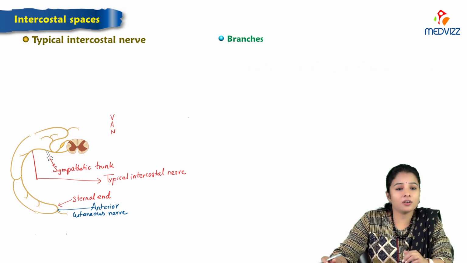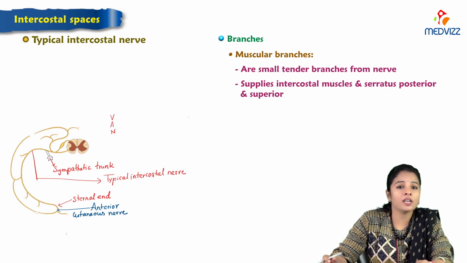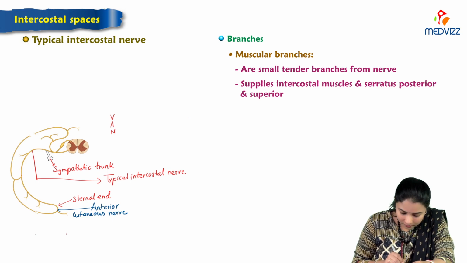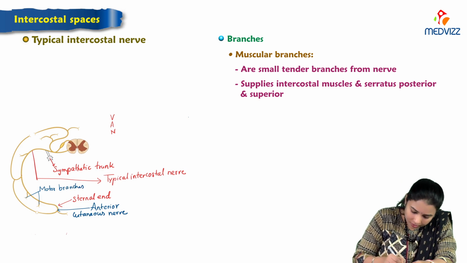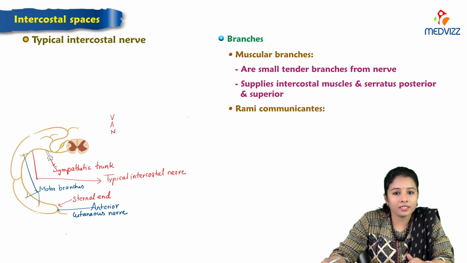And the branches of this typical intercostal nerve: it has muscular branches, and these are small tender branches from the nerve which supply the intercostal muscles and also serratus posterior superior muscles. These are all the motor branches or muscular branches. Then rami communicantes.